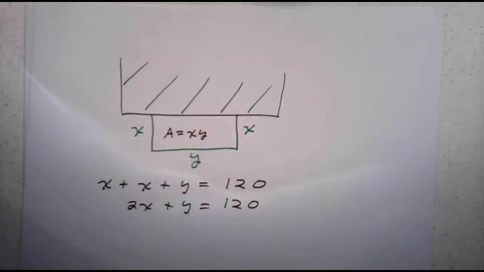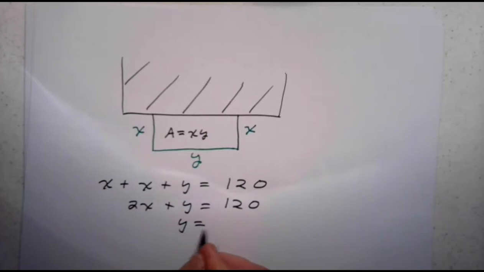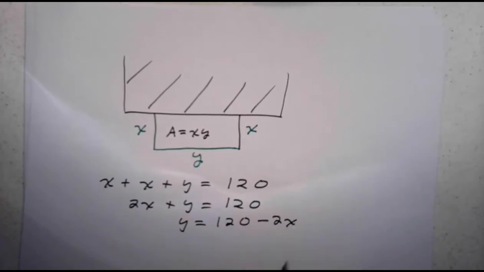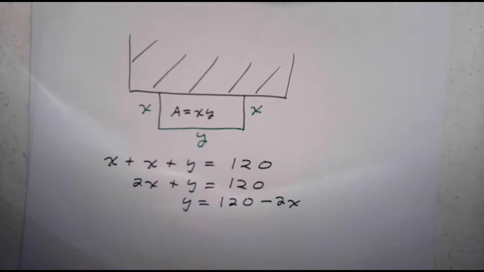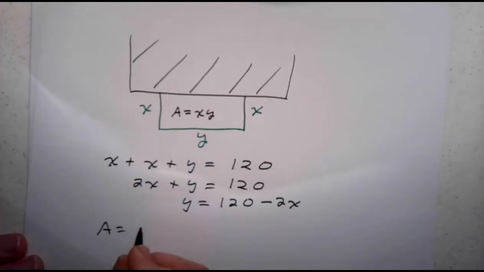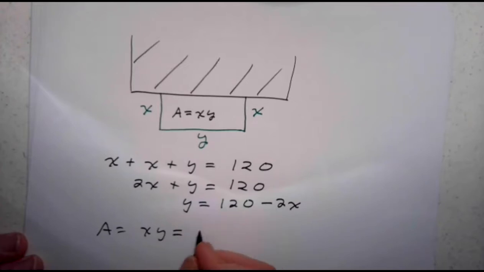I would like to have a function of only one variable. So what is Y? Well, I can solve for Y. Y is 120 minus 2X. So now my area, being X times Y, would be X times 120 minus 2X.